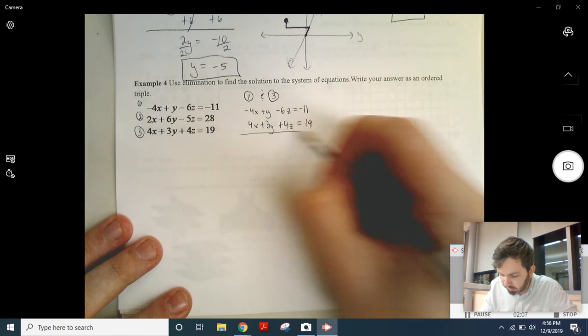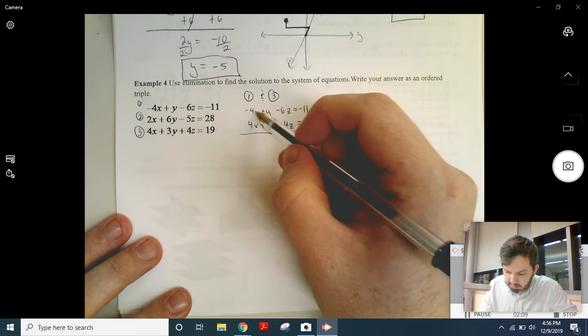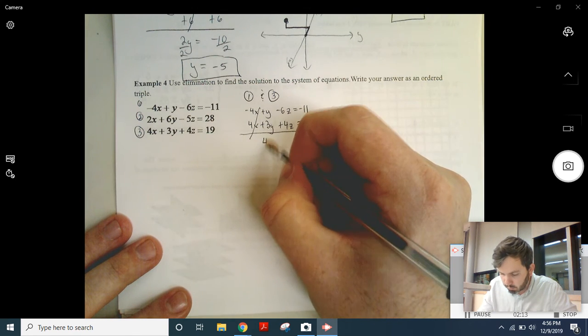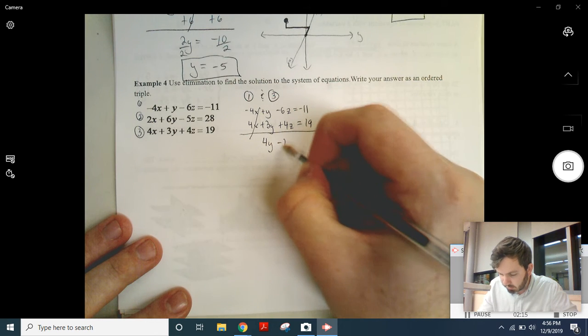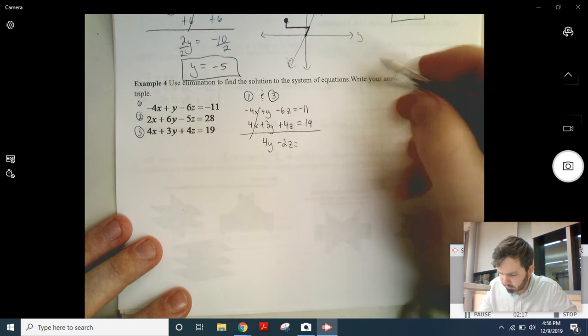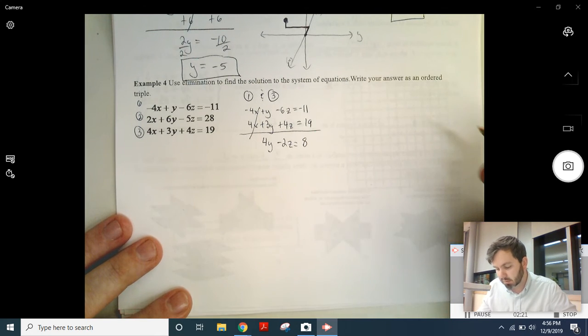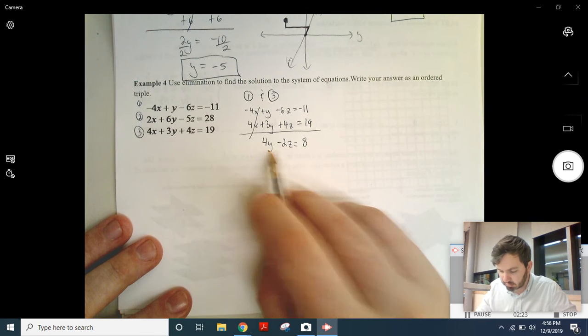Now I can get these to cancel. -4x and +4x cancel. We get 4y minus 2z is equal to 8.